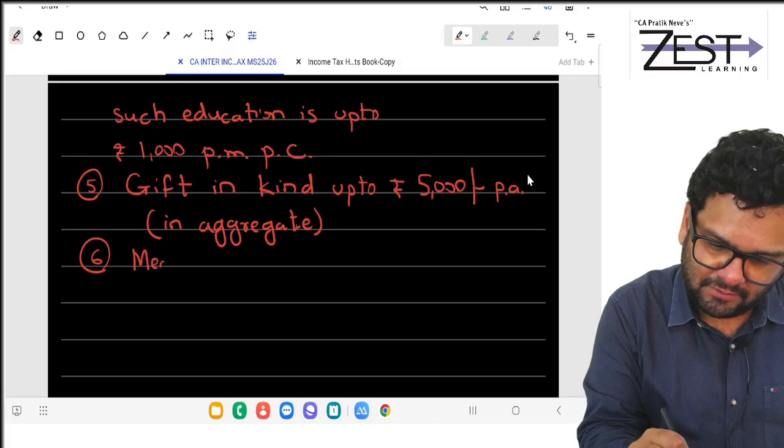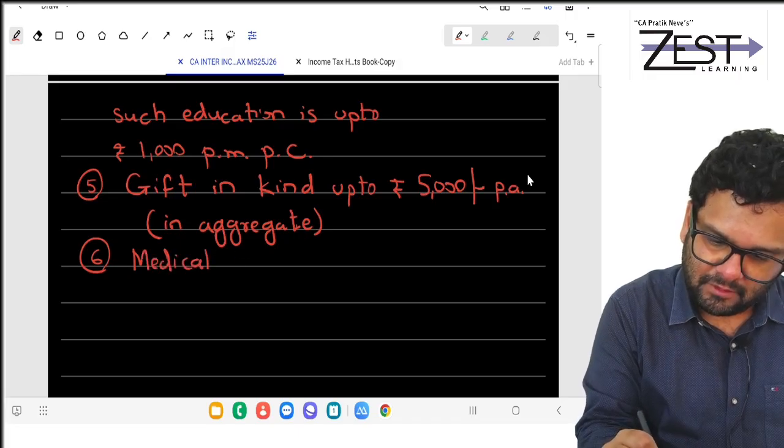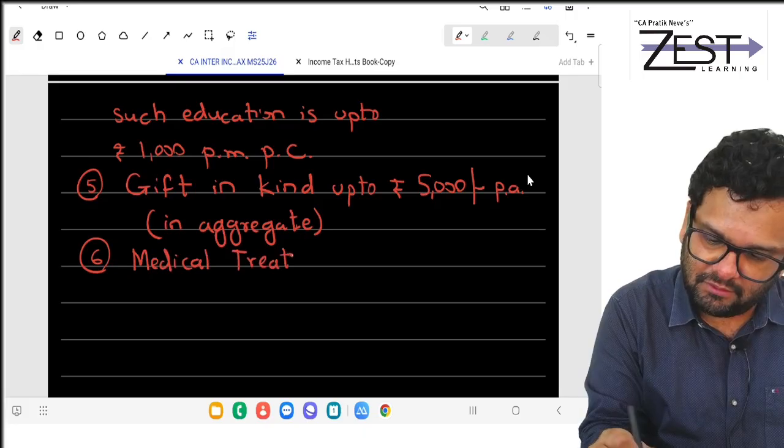Medical treatment. Medical treatment given to whom?